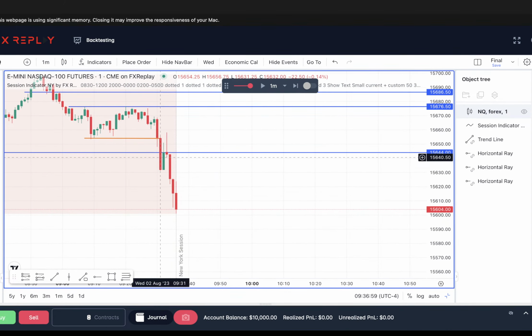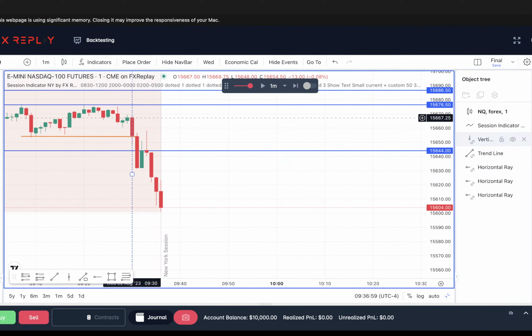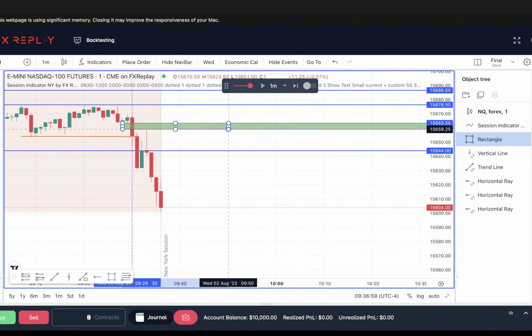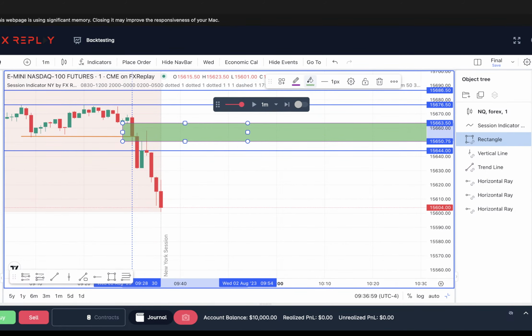I need to mark out 9:30 as well when we do this, because that 9:30 candle could have almost faked you out. We got a wick to the upside. We do actually have a fair value gap here that's bullish, that was respected. So that is where you would enter. That's your trade right here.